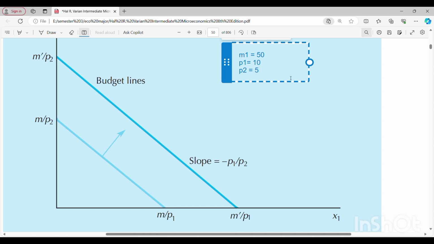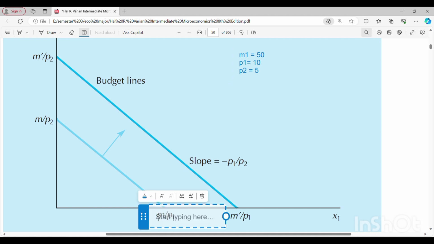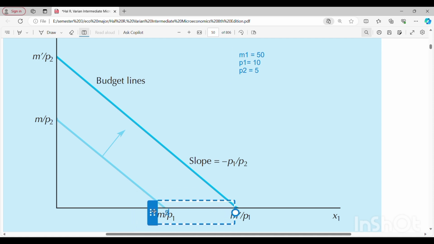Let's make it simple. So here M by P1 will be 5, so 5 units of good 1 can be purchased, or in this income the consumer can purchase 10 units of good 2.